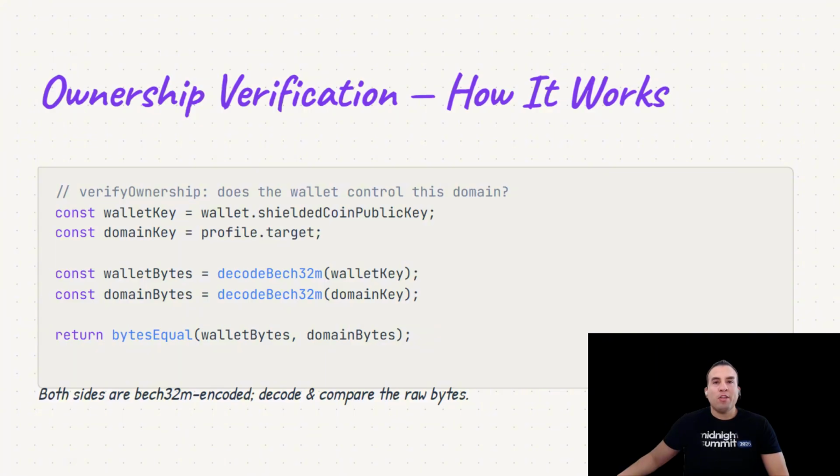Lines 3 and 4. Decode both keys. Line 5. Compare the keys, and if they match, return true. That's the whole check. 6 lines. No circuit, no proof, no server. Just a comparison in the browser. And that simplicity is exactly what brings us to the next slide.